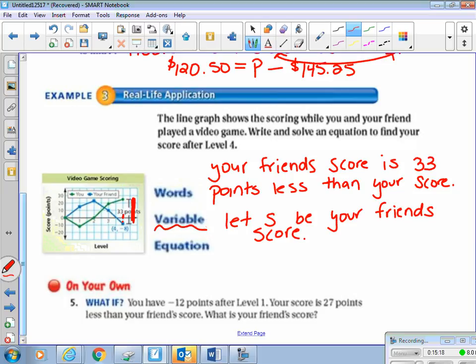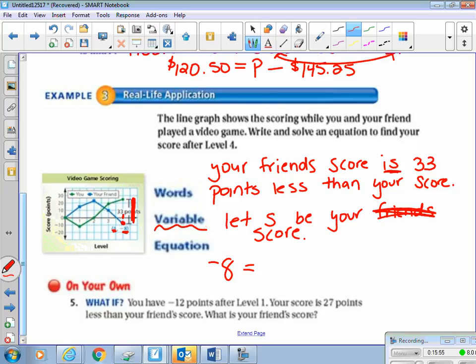Looking at this point here, at level 4 according to my table, they had -8 points. I'm sorry, this variable should say let S be your score, not your friend's, because we're writing and solving an equation to find your score.